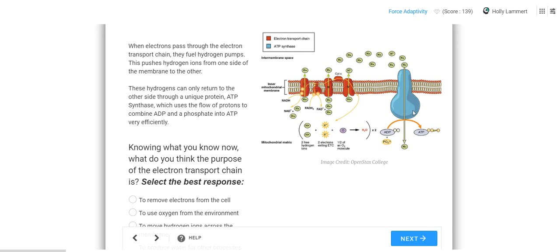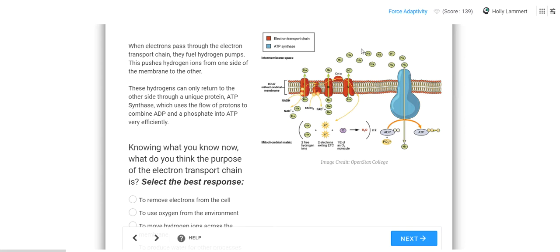So this big globby thing is actually kind of like a motor. As the hydrogen comes in, it moves from a high concentration to a low concentration naturally. That's the natural tendency of things. Imagine if you had a lot of water on one side of a dam and it was overflowing, it would try to move from one side to the other side that doesn't have a lot of water.